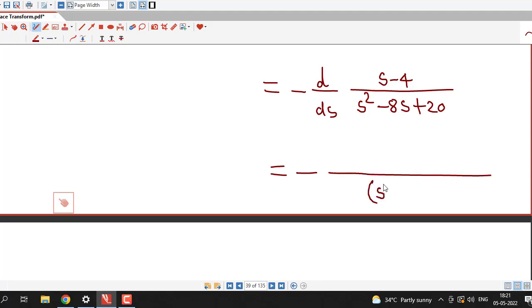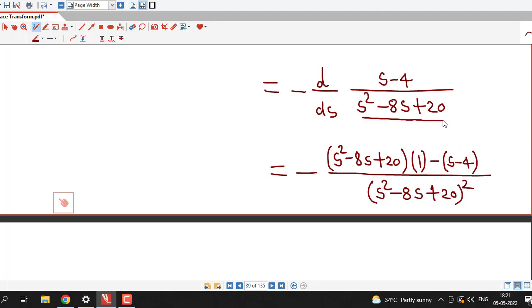So first we take the square of the denominator, (s square minus 8s plus 20) whole square, and we keep the denominator as it is, and the derivative of s minus 4 is 1, minus s minus 4 as it is. The derivative of s square minus 8s plus 20 is 2s minus 8.